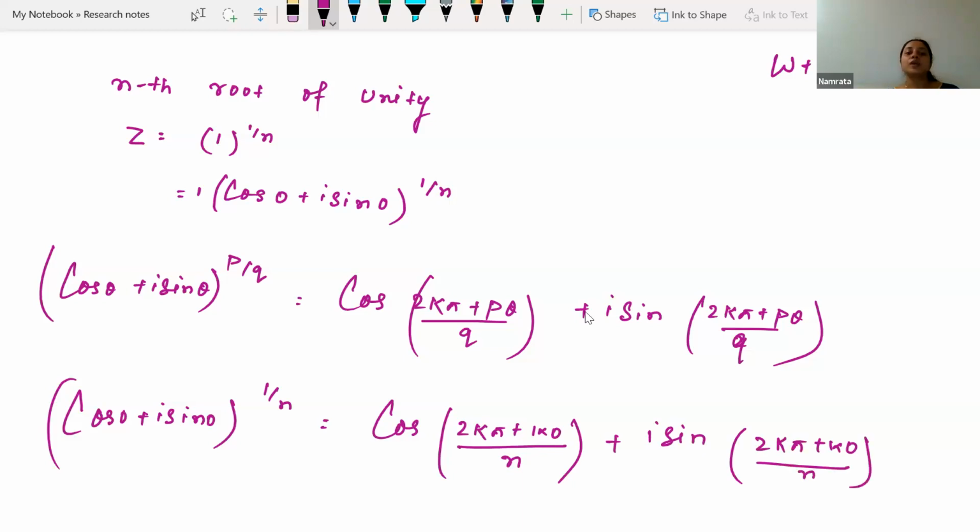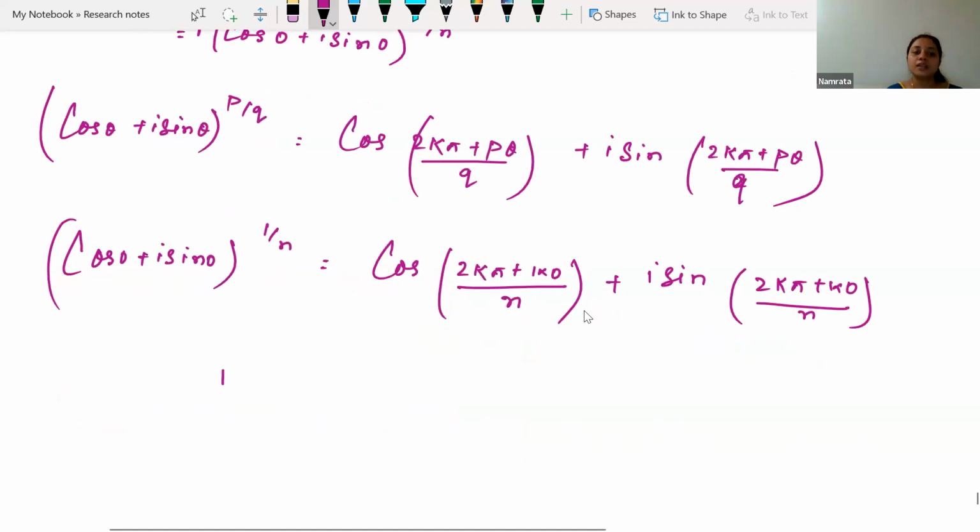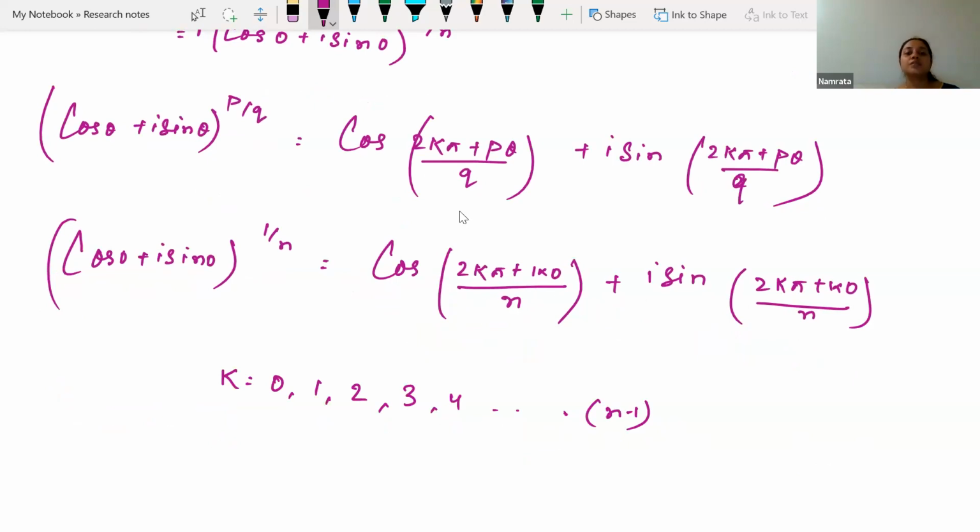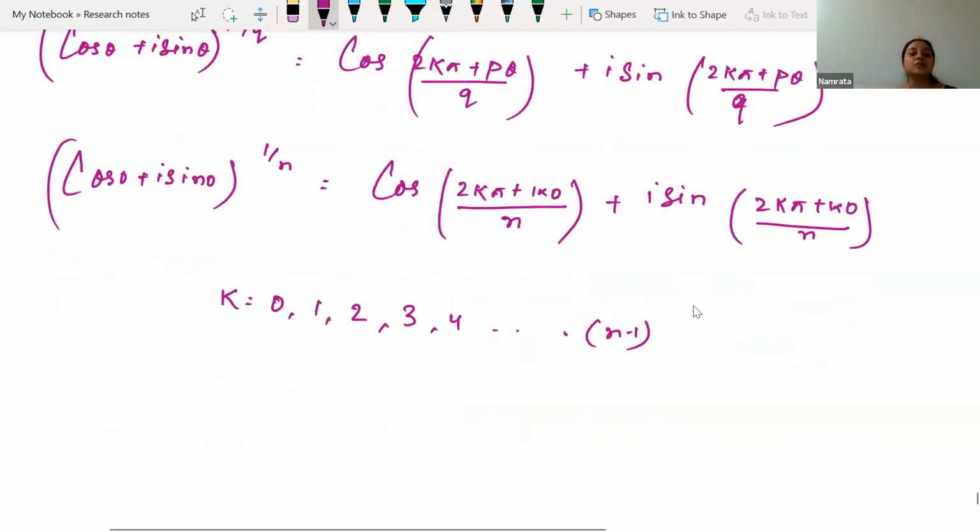Now here we have to write the k value as 0, 1, 2, 3, 4, till what? Till n minus 1. Yes or no? Yes, ma'am. So here we will be substituting 0, then 1, then 2, then 3, then 4. But we will not get a proper, arranged answer just like the cube root of unity.